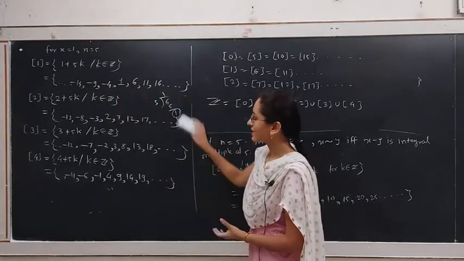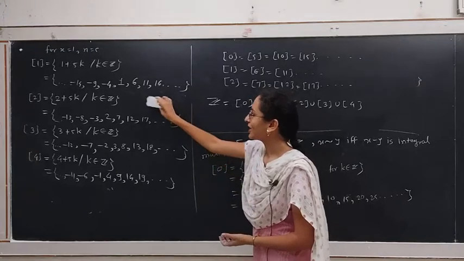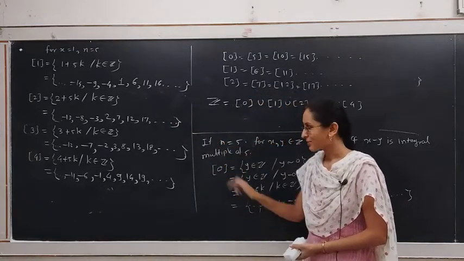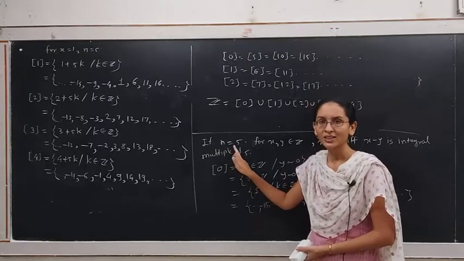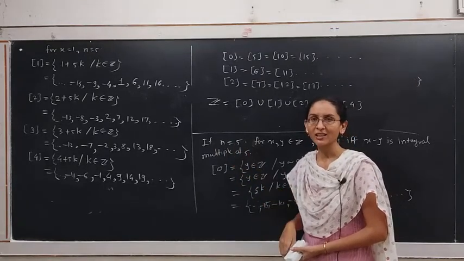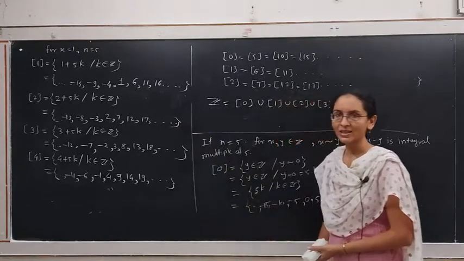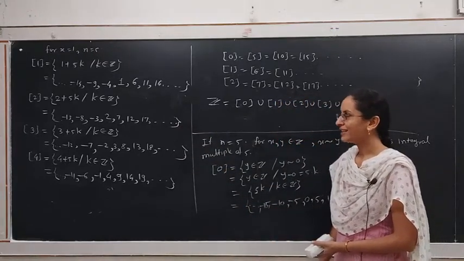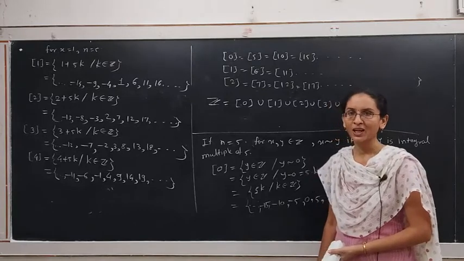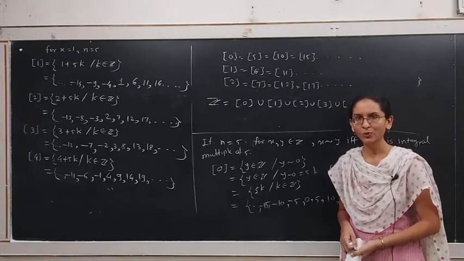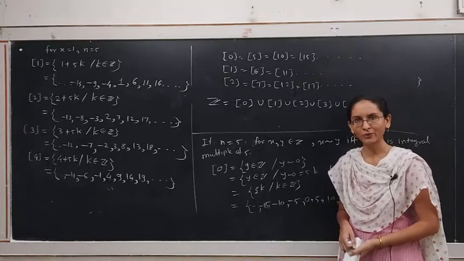Similarly, the equivalence class of 2 contains all the integers which, when divided by 5, leave remainder equal to 2. Hence, we are getting 5 equivalence classes, because if any integer is divided by 5, there are at most 5 possible remainders, that are 0, 1, 2, 3 and 4.